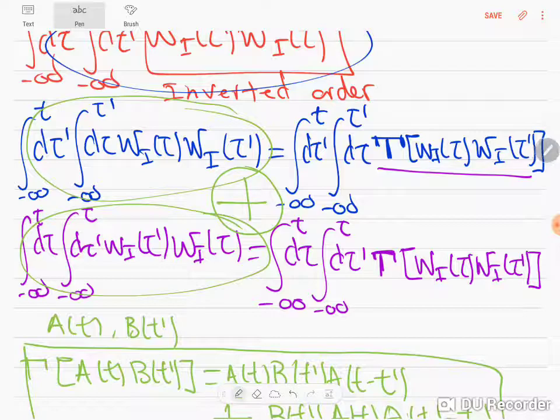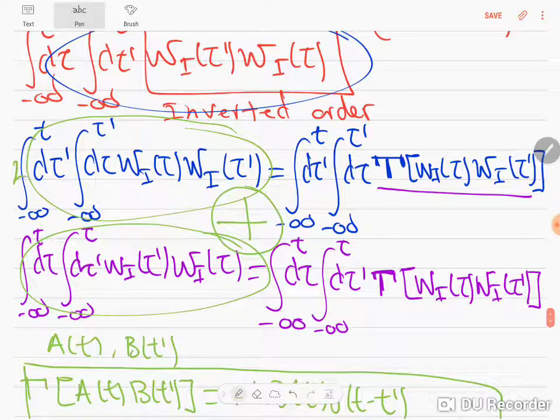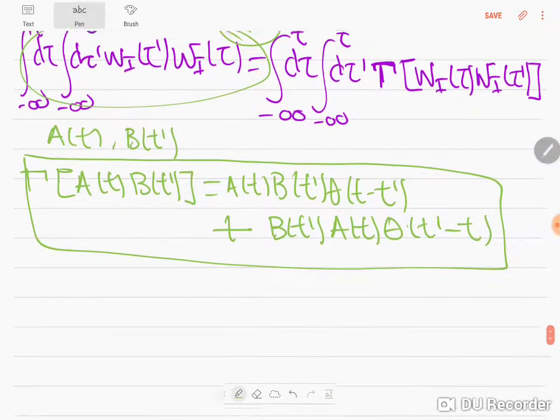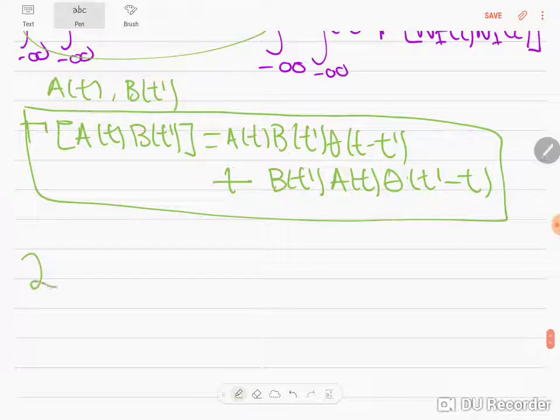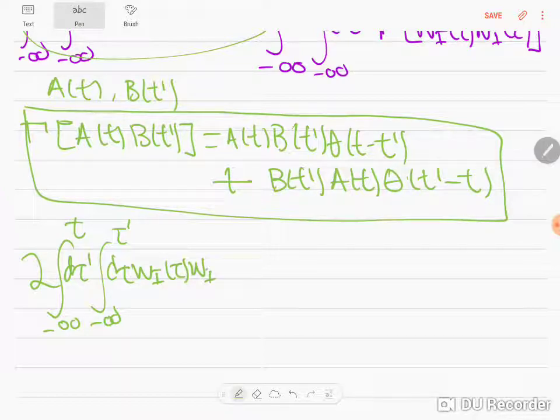so what we're going to do is that we're just going to take 2 times this integral. Okay, so then that means that 2 times the integral from minus infinity to t of dt prime, the integral from minus infinity to tau prime of d tau of W_I of tau, W_I of tau prime is equal to what?